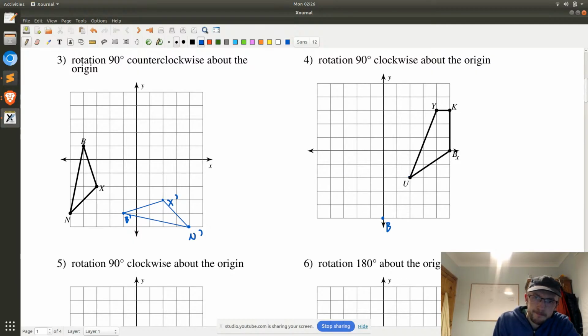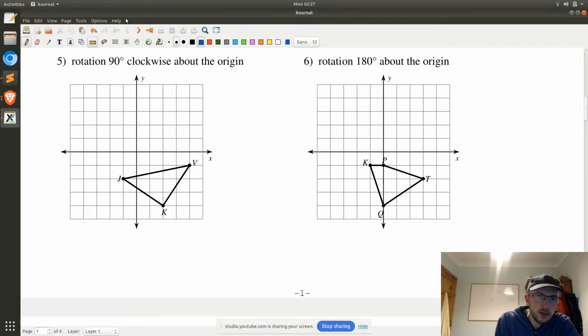There's my new B. And U. There. 90 degrees clockwise about the origin.